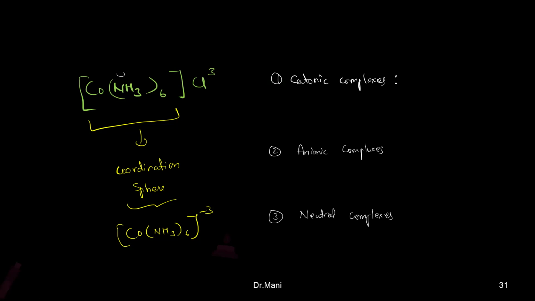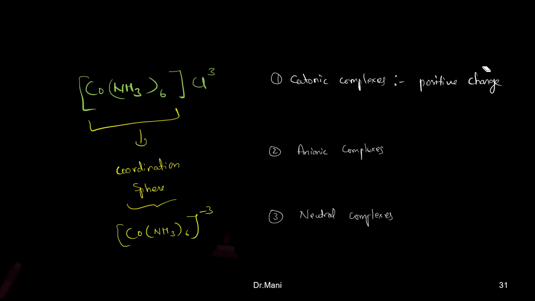So what is this cationic complexes? Okay, so actually cationic, that means the coordination sphere, whatever this sphere is there, it's consisting the positive charge. For suppose if I break this, it will be containing the +3 charge, right? So this comes under the cationic complexes, which contains positive charge.